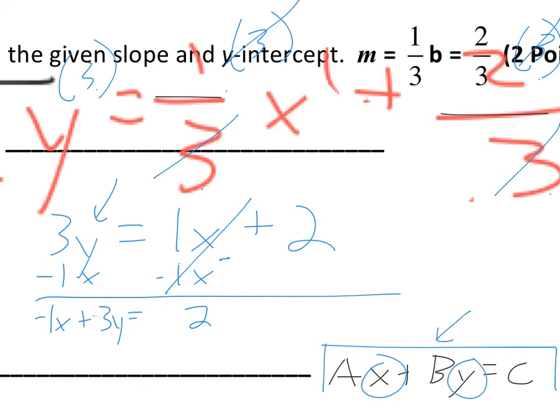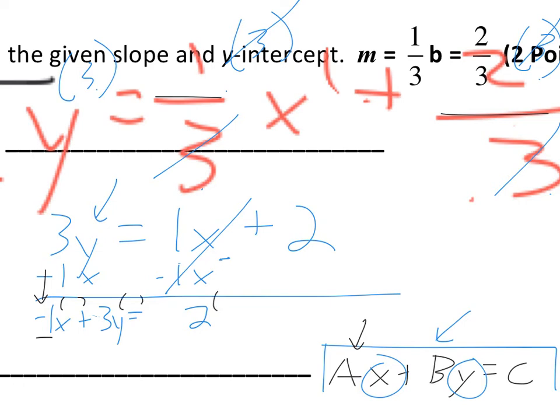So you're probably thinking, yes, I'm done. This page is over. I wish. There's one more little dumb rule, that your A value cannot be negative. So negative 1 here is not okay. Well, how do I get rid of it? Again, you're going to multiply the whole equation by something.